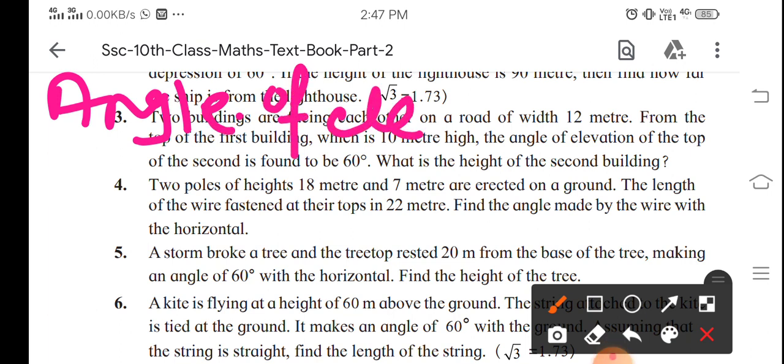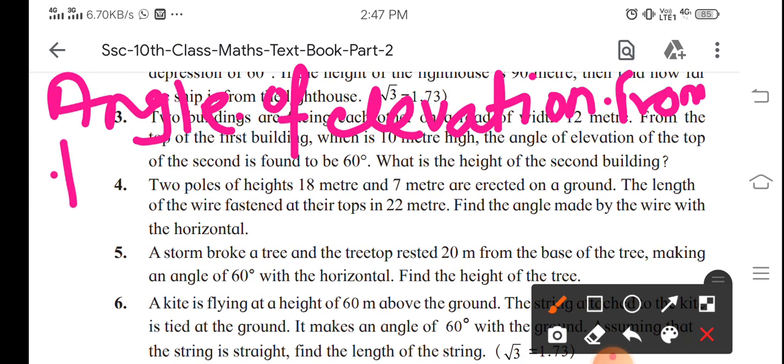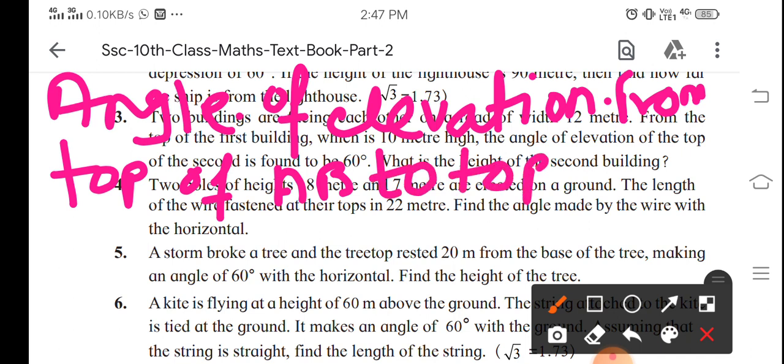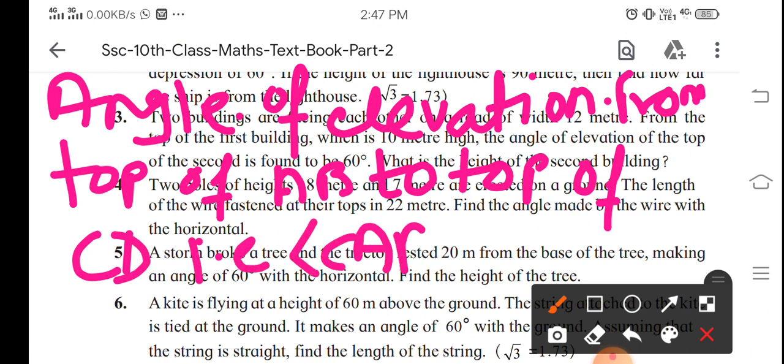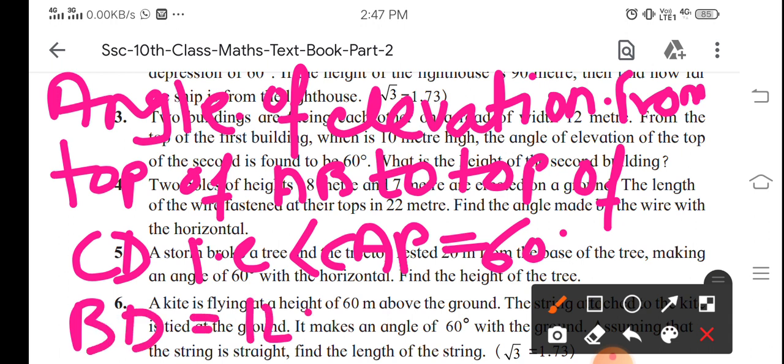That is 60, I told you this. And the width of the road, that is BD, they have given 12 meters, sorry, not centimeter. So this is the given information.